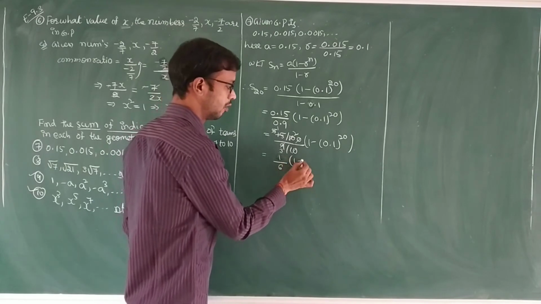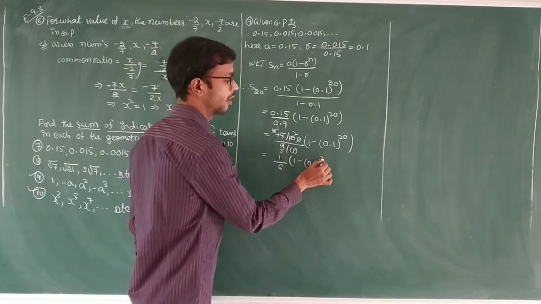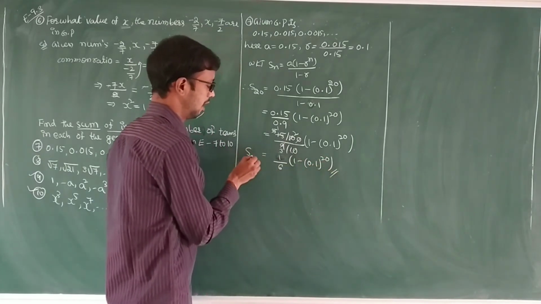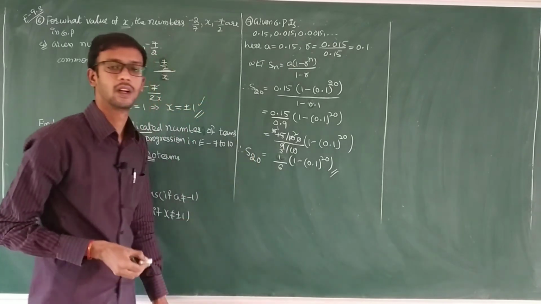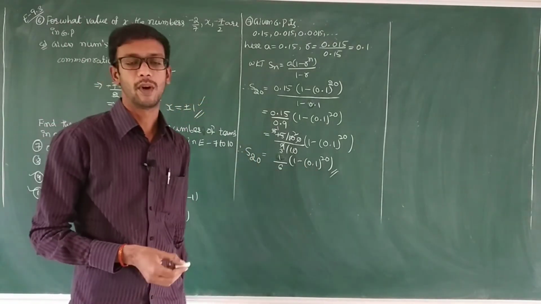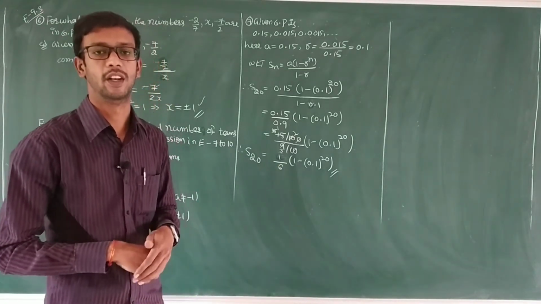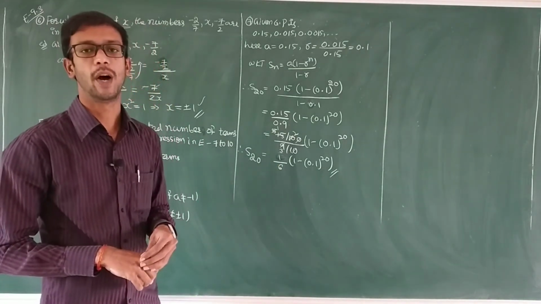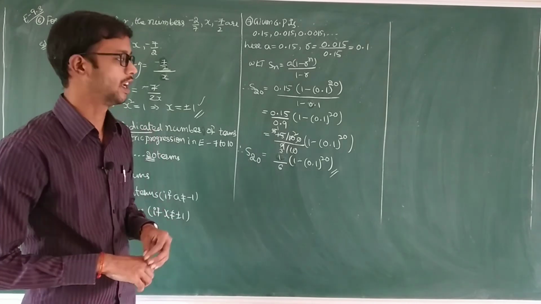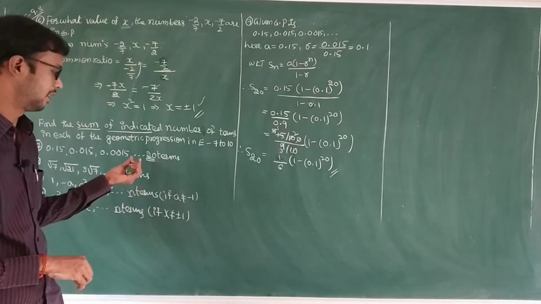So 1 by 6 into 1 minus 0.1 power 20 is the S20. No need to simplify 0.1 power 20; just stop here. 1 by 6 into 1 minus 0.1 whole power 20 is the sum of 20 terms.